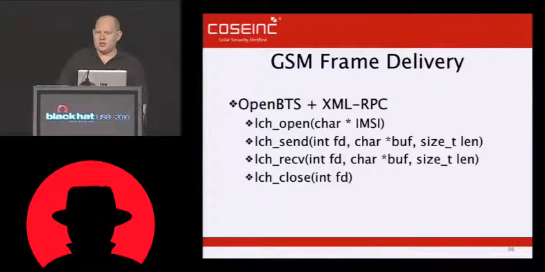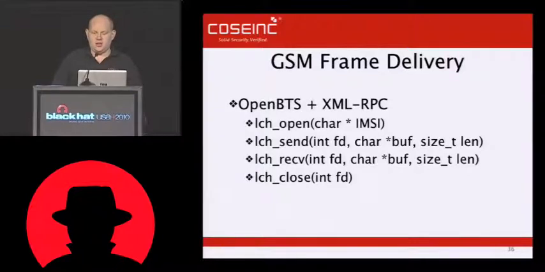The way that we've done this is we took OpenBTS, which is an open source project that uses the USRP, the Universal Software Radio Peripheral, and we've modified it to allow third-party programs on the network to open a channel to a phone and send data. So we implemented over XML RPC LCH open, LCH send, LCH receive, and LCH close.